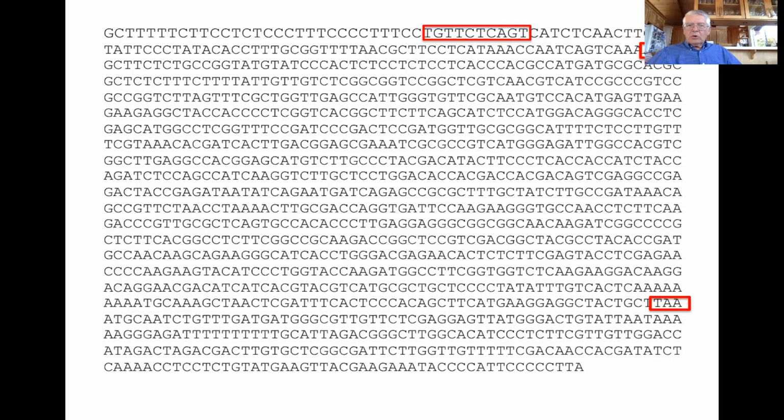Okay, so we now have worked out what these sequences mean to some extent. And we know that certain sequences specify the kind of punctuation, stop and start signals within a gene.